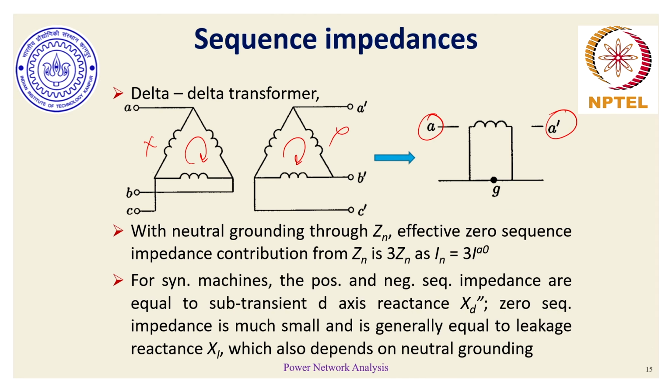If the transformer is grounded through some impedance Zn, then it will have 3 times its component present over here. For synchronous machines, we will discuss the corresponding sequence components in the next lecture, where, since we're talking about fault analysis, the synchronous machine has to be represented by the internal EMF and the direct axis subtransient reactance. So we will see with Xd double dash how the sequence components or impedances would look like.